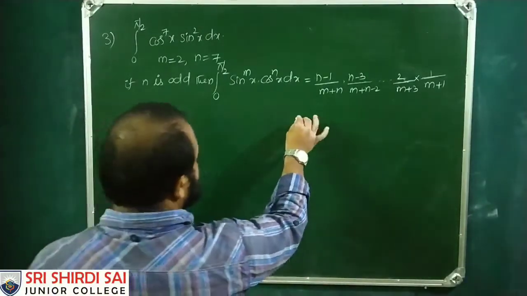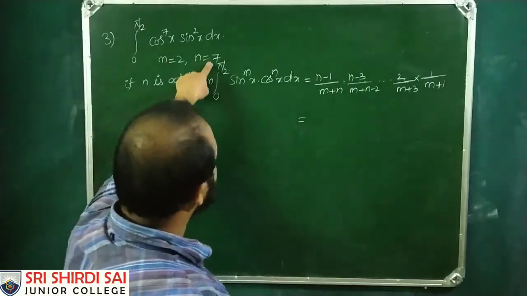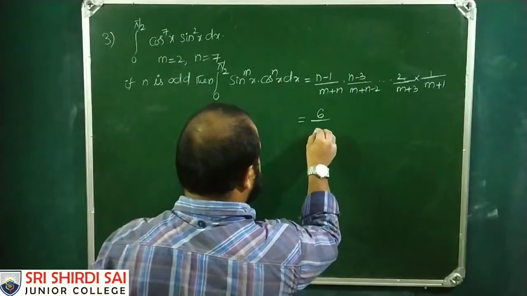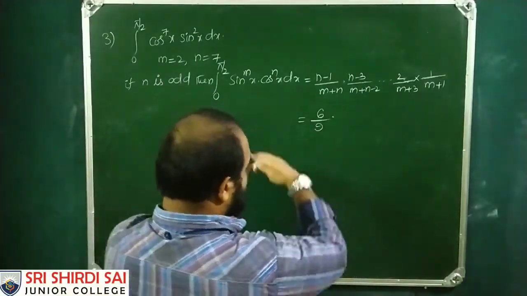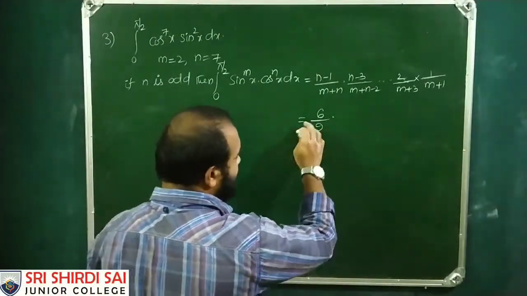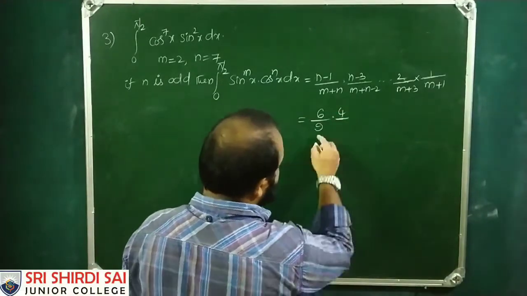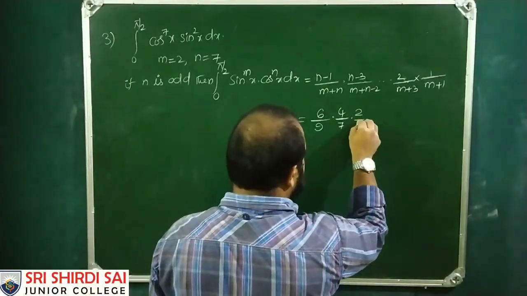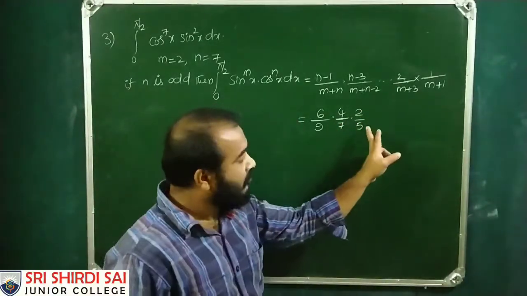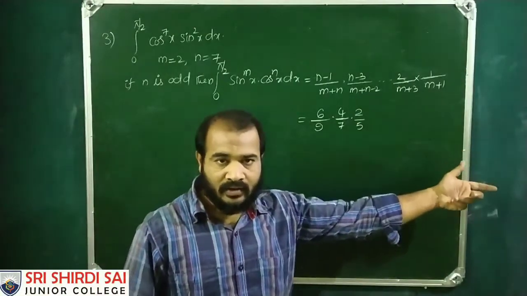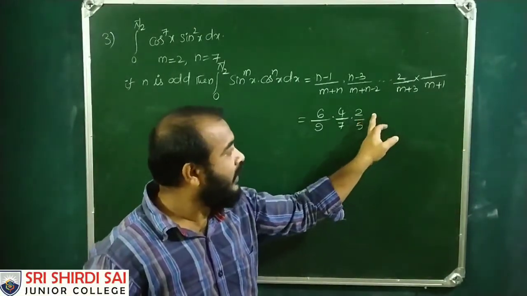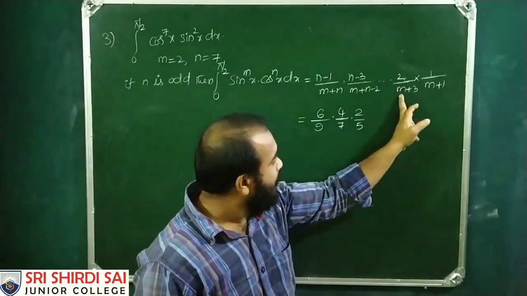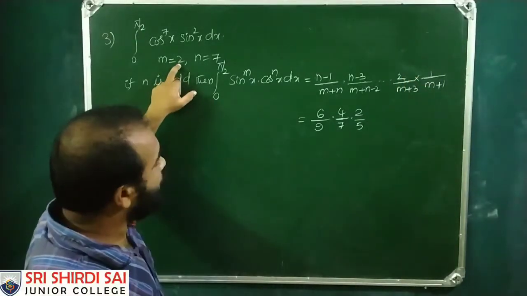Now all you need to do is a substitution, right? So n equals 7, minus 1, 6 by m plus n, 2 plus 7, 9. Next further reduction by 2 is 4 by 7. Further reduction, 2 by 5. So can we proceed any further reducing by 2? No, because 2 minus 2 is 0. And check here, 2 by m plus 3, m is how much? 2.